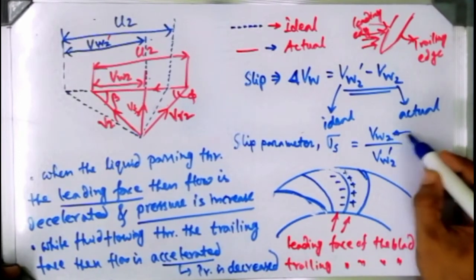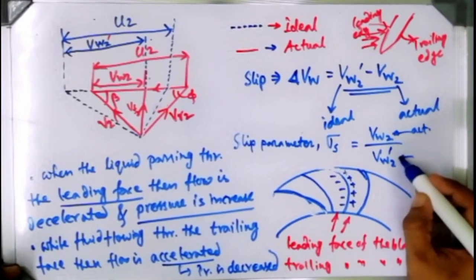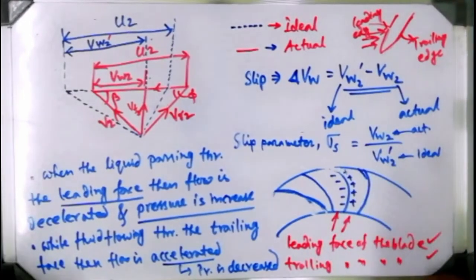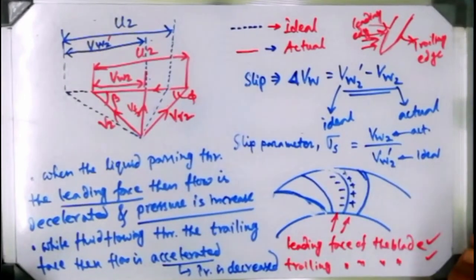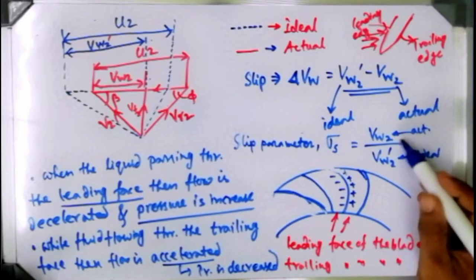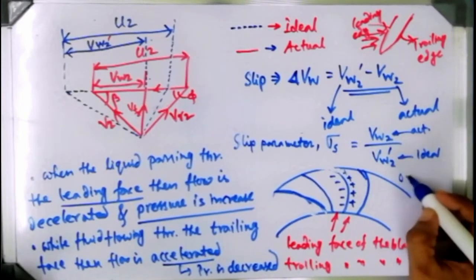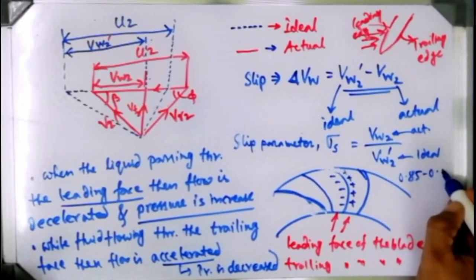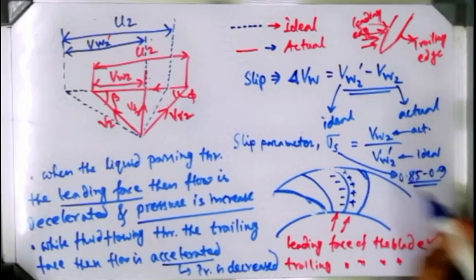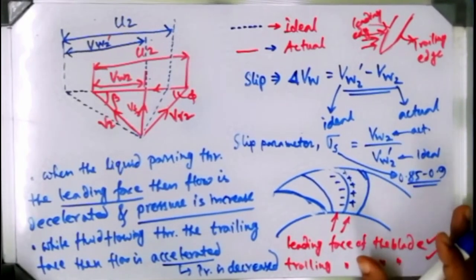So it is actual and it is ideal. This is a decimal value, because the ideal component VW2 prime will be higher and the actual will be lesser, so it will come with a value of 0.85 to 0.9. This kind of values will generally come for the slip parameter.